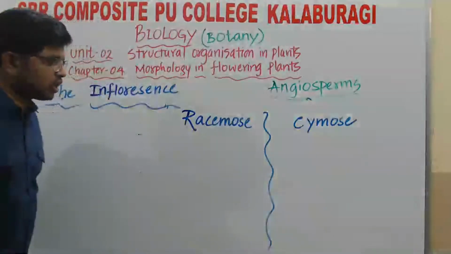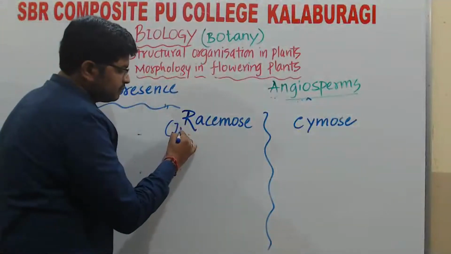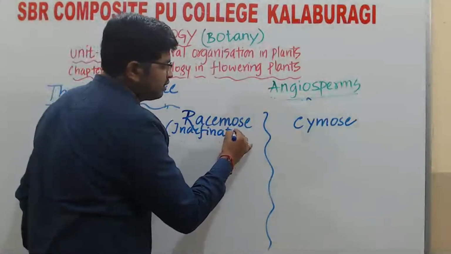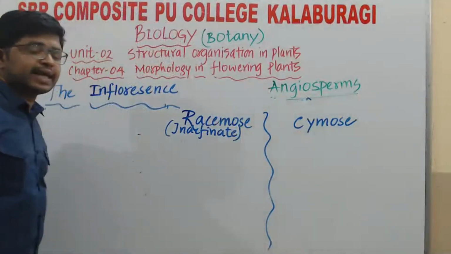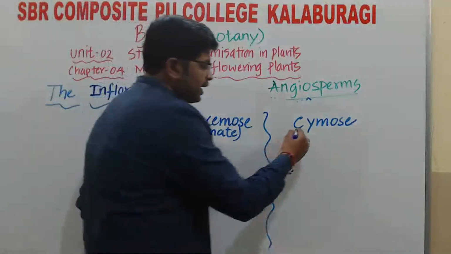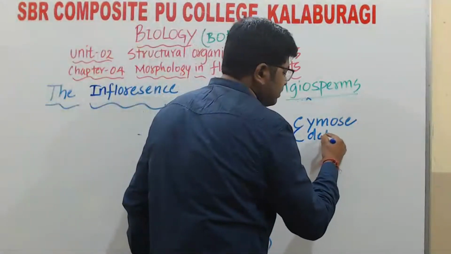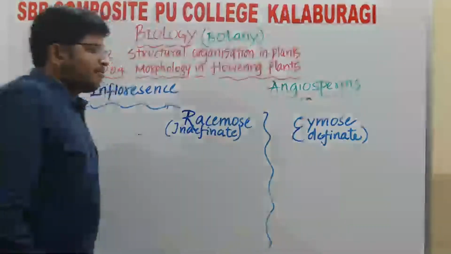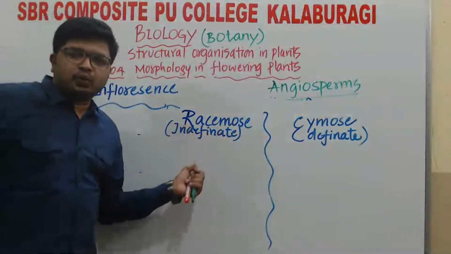Racemose is also called indefinite inflorescence, whereas cymose is referred to as definite. What is racemose?